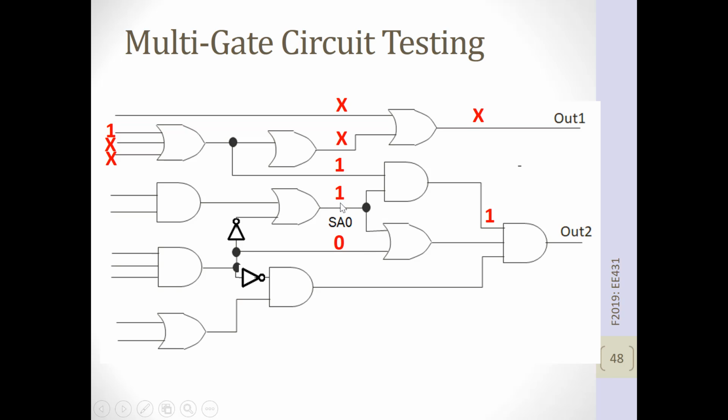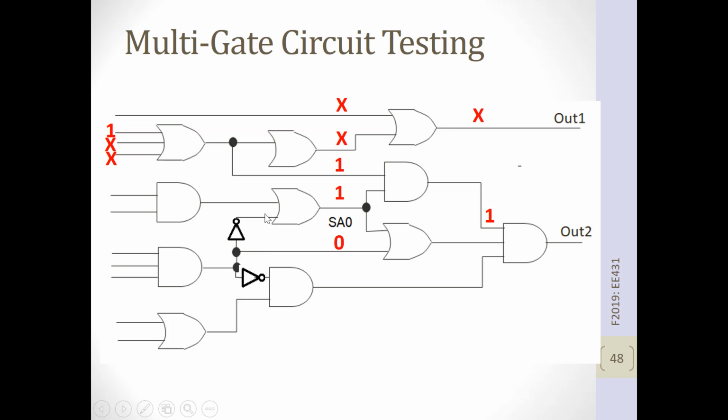That's good, because if you get a 1 on this node, which is the correct answer, you'll get a 1 here. If you get a 0, in other words, this is actually stuck at 0, you'll get a 0 on this wire, and you'll get 0 out for out 2.